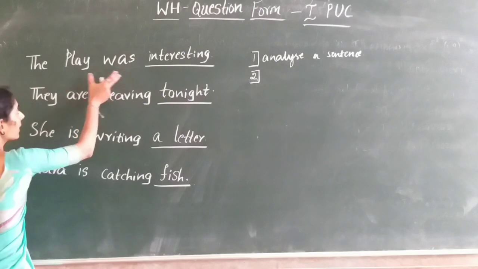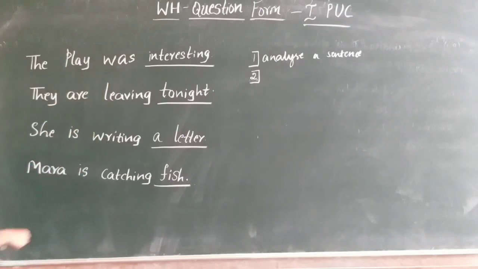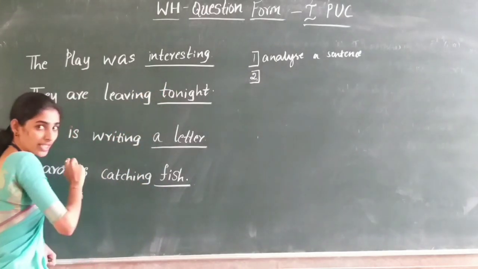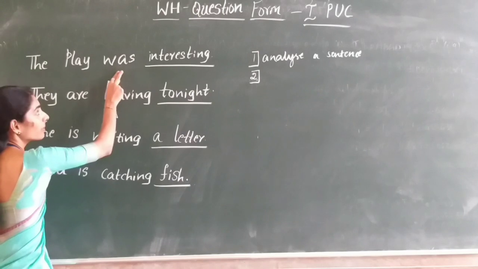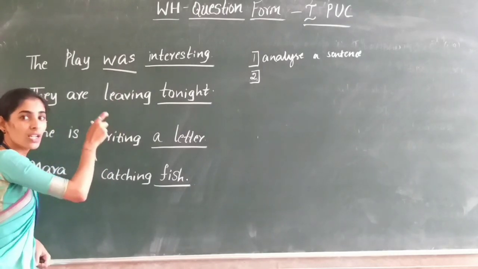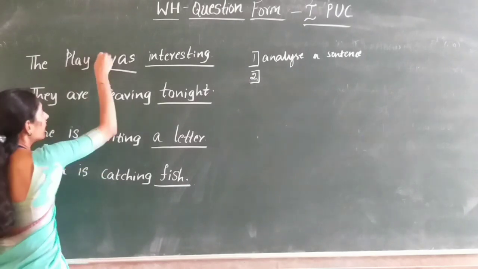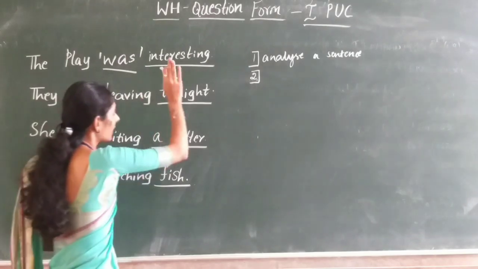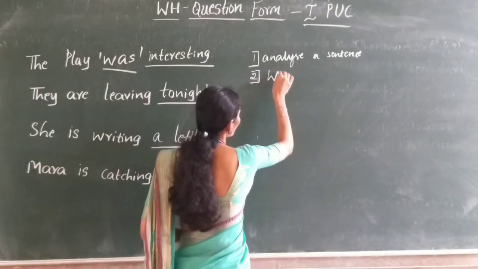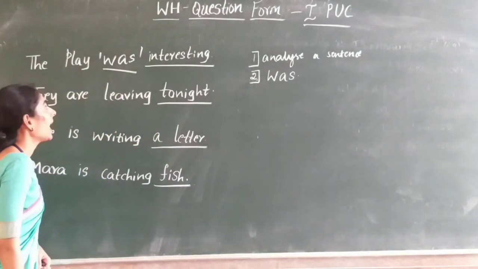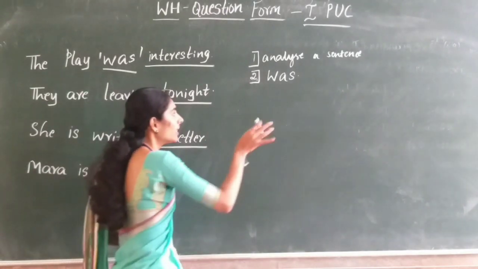Can you identify the helping verb in this given sentence? Here the play is the subject and interesting is the object, and the remaining word is was, and was is the helping verb, right? So here the helping verb is was. Yes, the second point, identifying the helping verb in a given sentence.